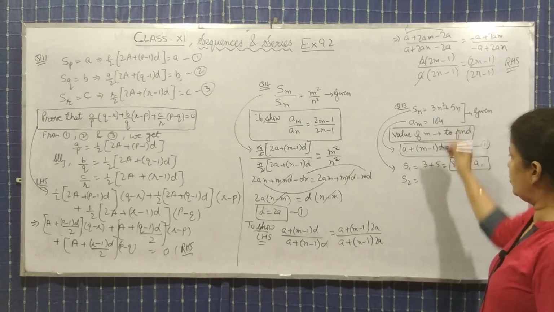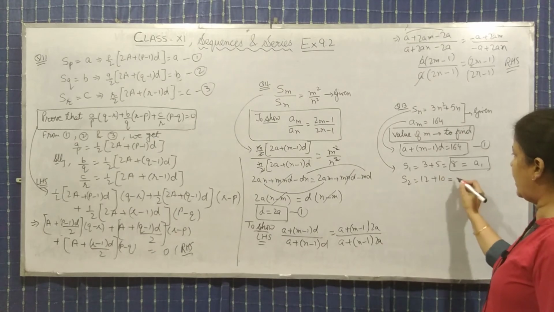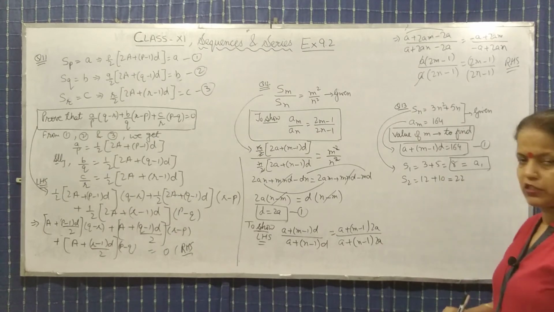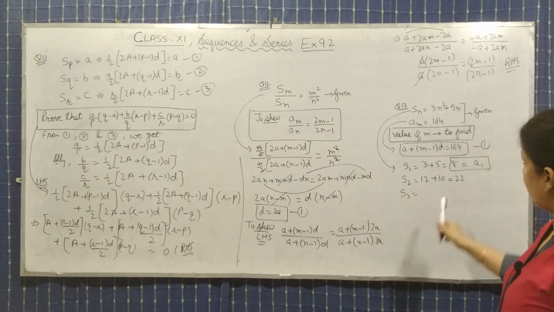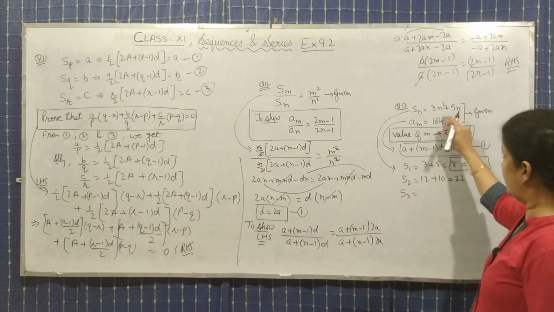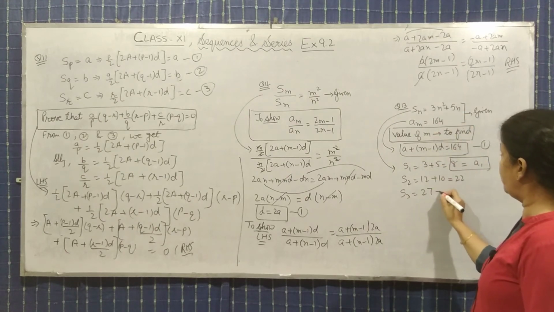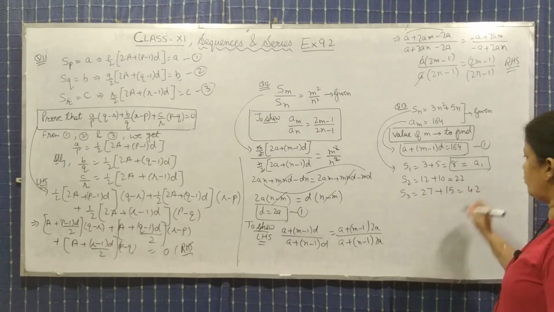So 4, 12 plus 10, so it will come as 22. S3: what will be S3? Substitute here. 27 plus 15, so it will come as 42.